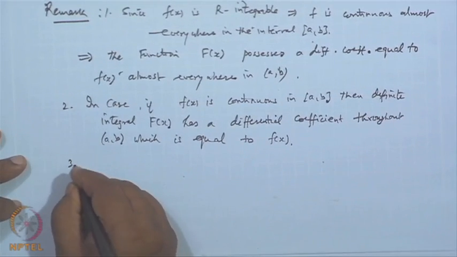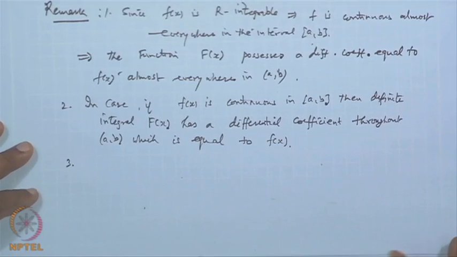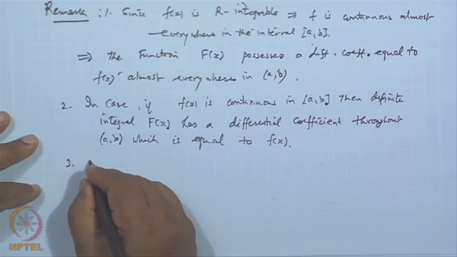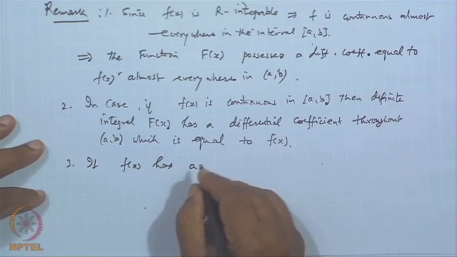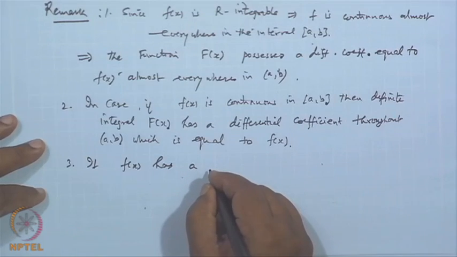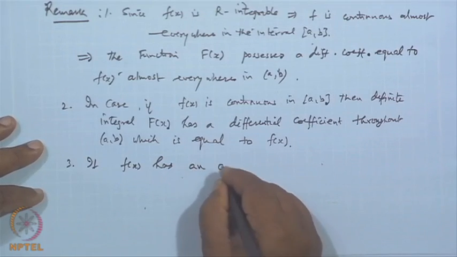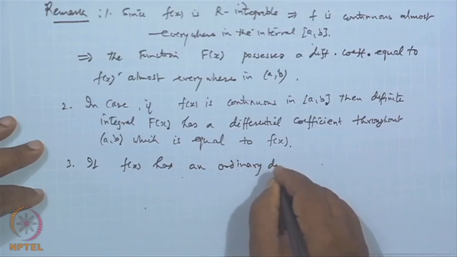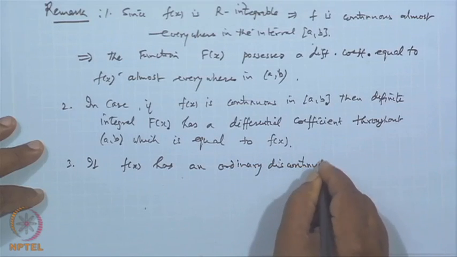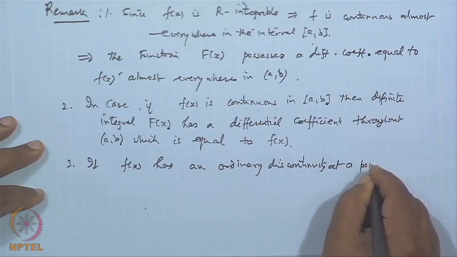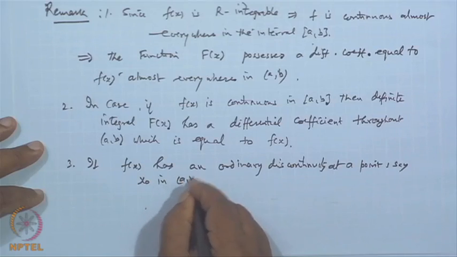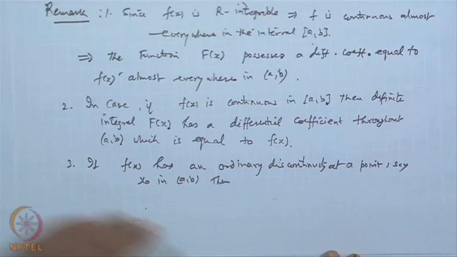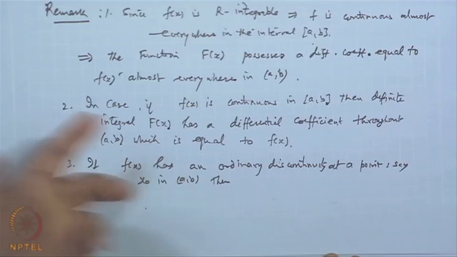The third remark we can say, at the point of ordinary discontinuity: if f(x) has an ordinary discontinuity at a point, say x naught, in the interval [a, b], then ordinary discontinuity means that the left hand limit and right hand limit exist but may not be equal.